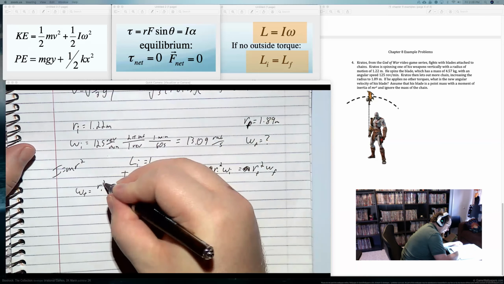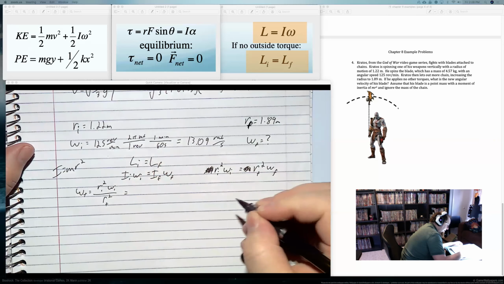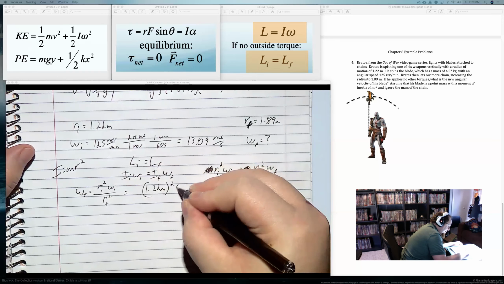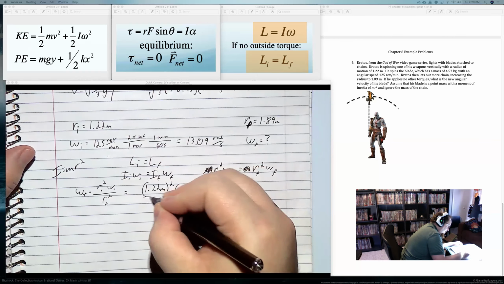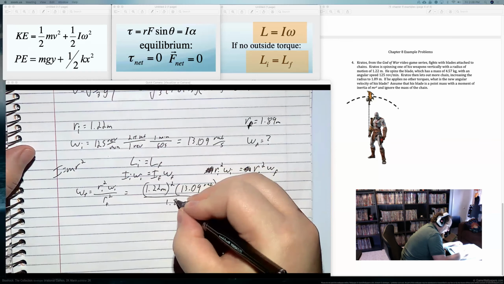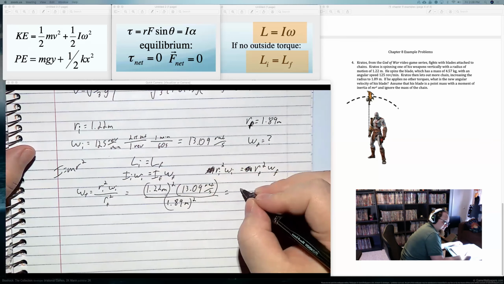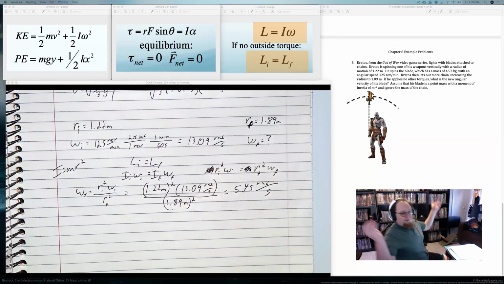So it's r initial squared, omega initial, over r final squared. And say it's 1.22 meters squared times 13.09 radians per second over 1.89 meters squared. And there's my value.